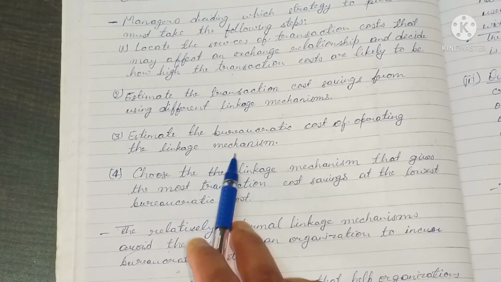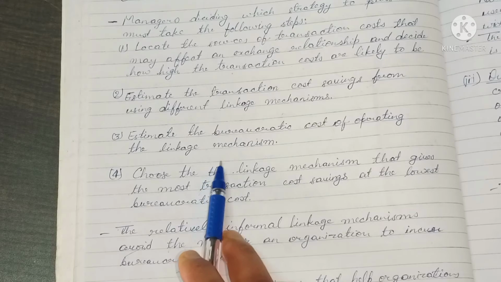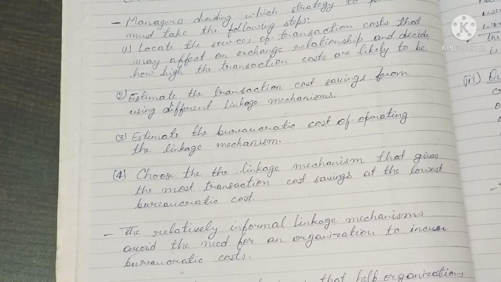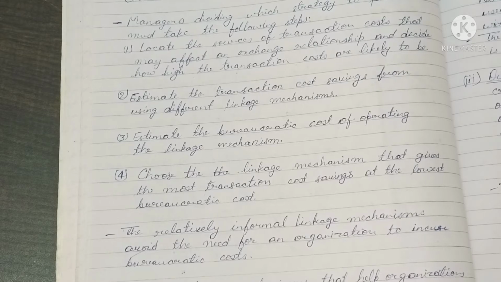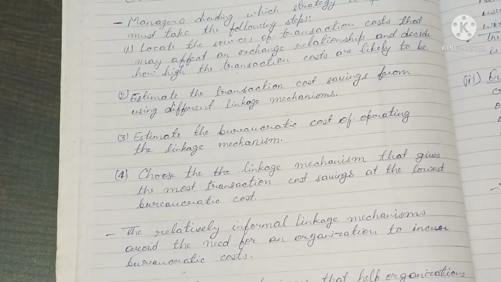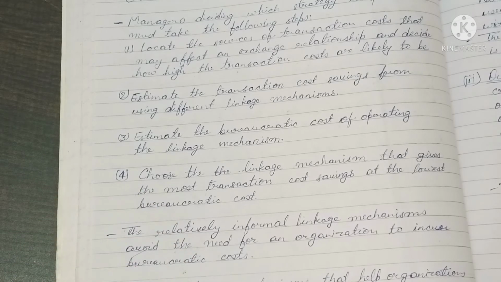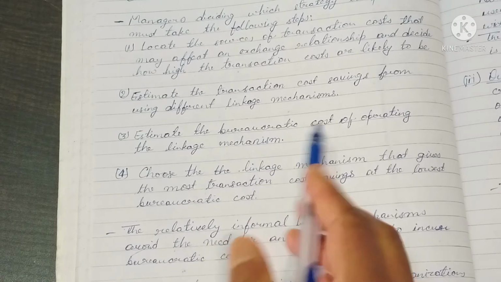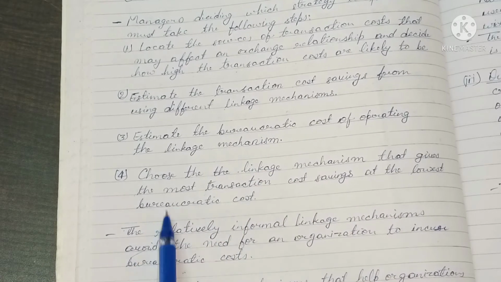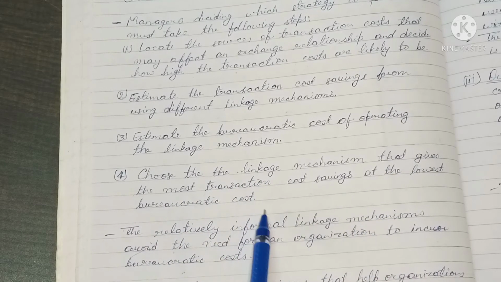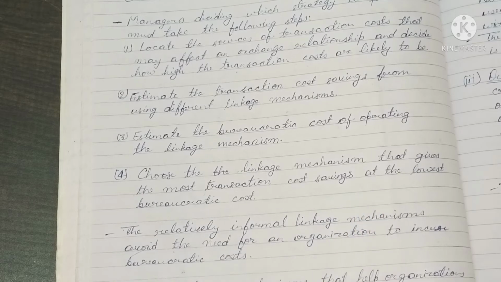If an organization selects a particular linkage mechanism, then inside the organization a type of cost also arises, and that cost is the bureaucratic cost.